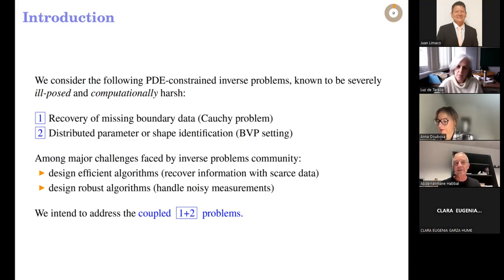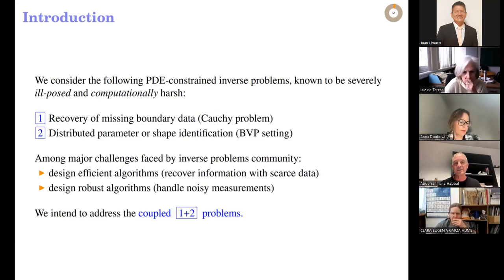The second challenge, which can lead to quite difficult and deep theoretical insights, is how to design robust algorithms which are stable with respect to noisy measurements.